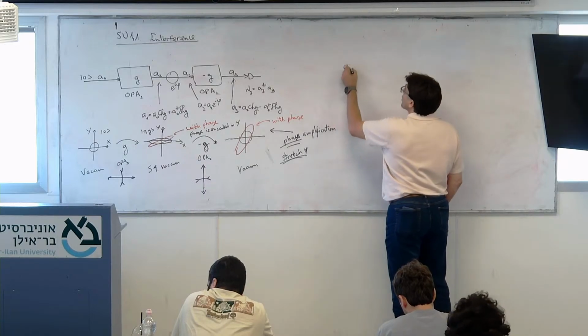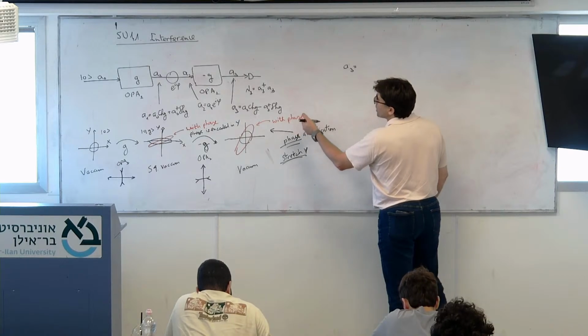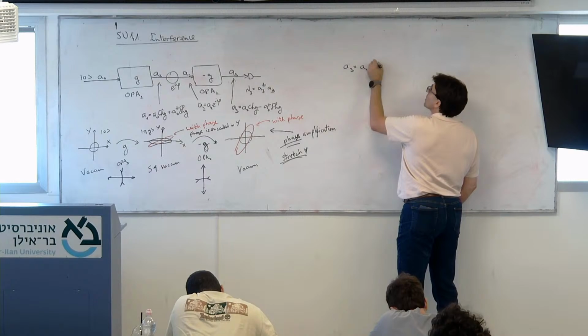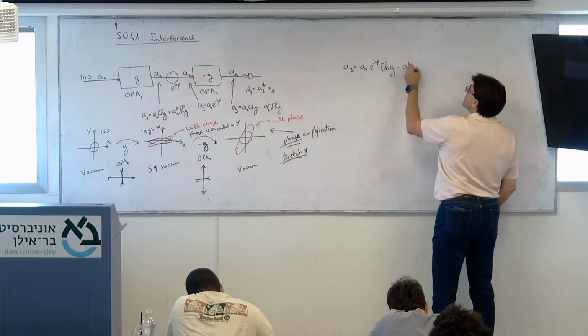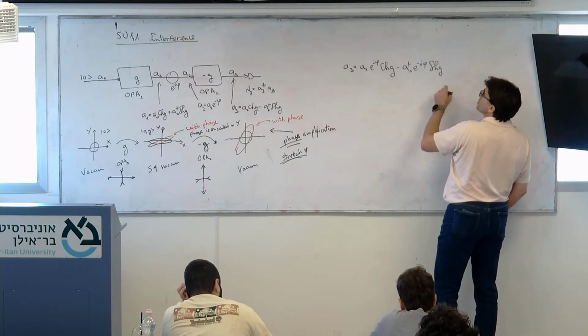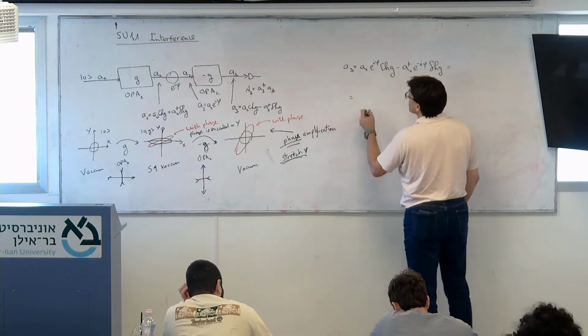So A3 equals A2, but A2 is A1 e to the i phi hyperbolic cosine g minus A1 dagger e to the minus i phi hyperbolic sine g. And A1 is simply A0.